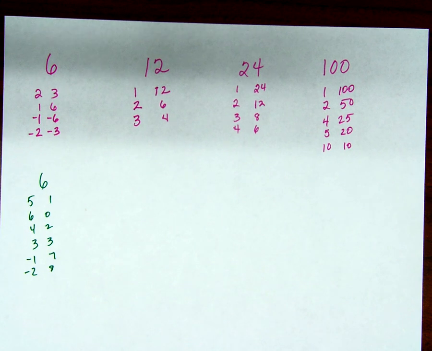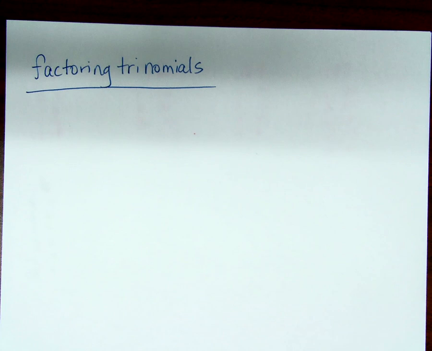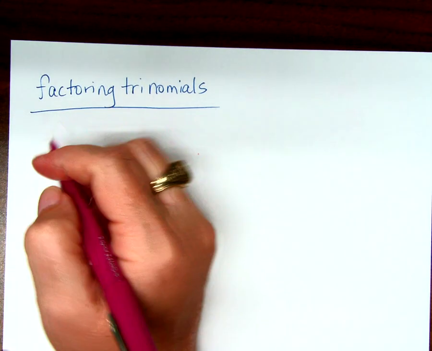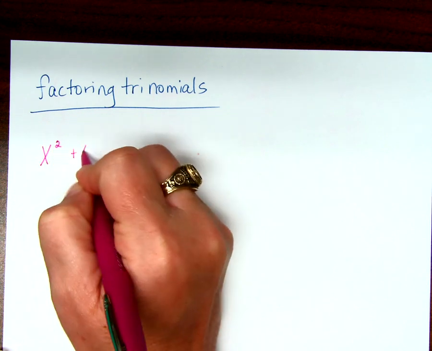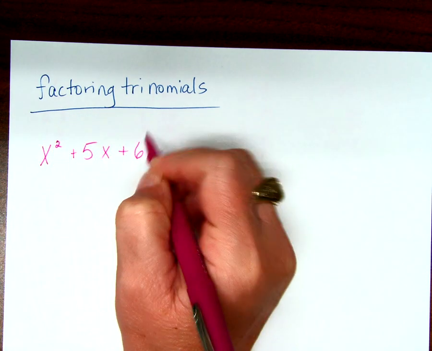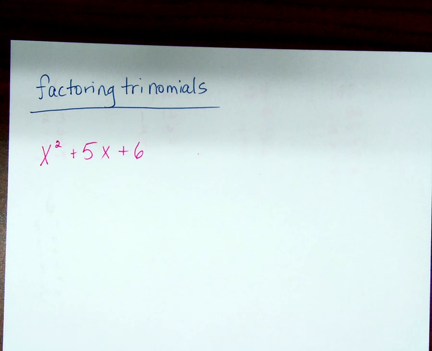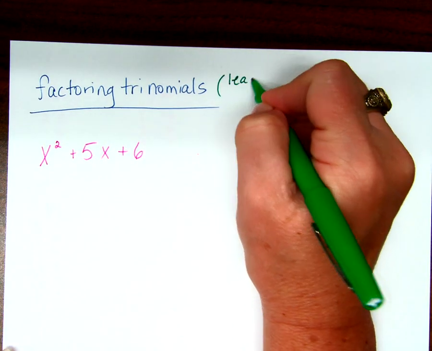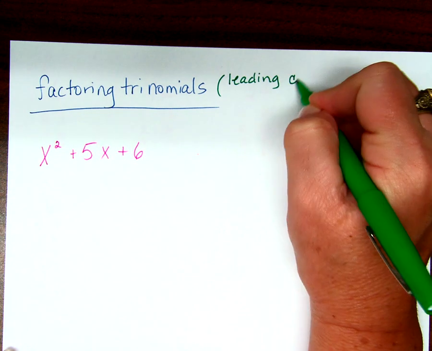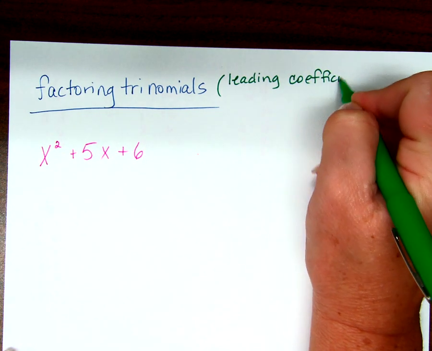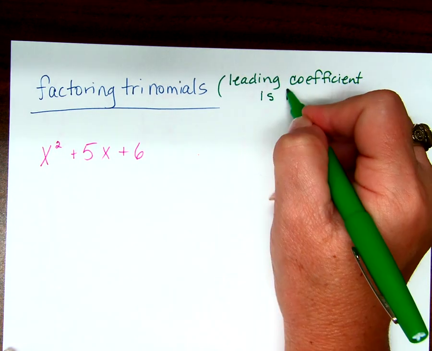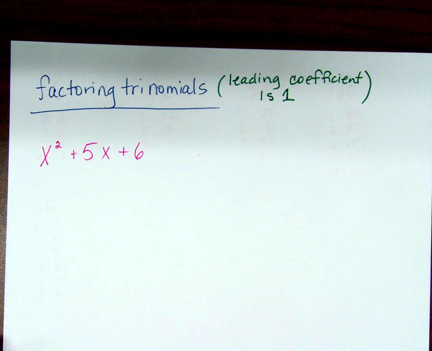All right? So if we're doing factoring a trinomial, back to this page, and I said to you, here's our trinomial, x squared plus 5x plus 6. Before we go to factor it, I need you to notice something. All of the ones that we're doing today, the leading coefficient is 1. Okay?